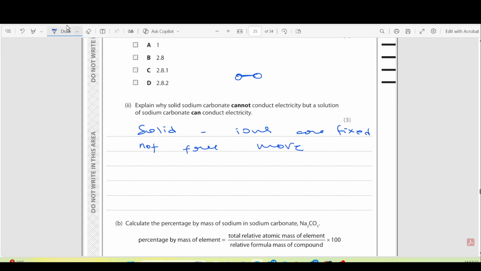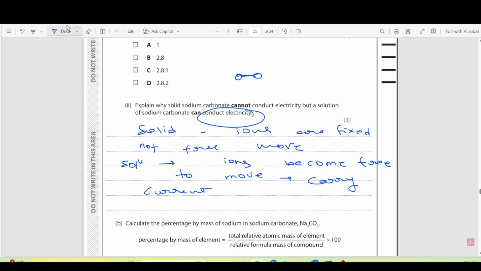But in solution, or in aqueous form, when it is dissolved in water, the lattice structure breaks down and the ions become free. As they are free to move throughout the liquid, the ions carry electric current, which is why they conduct electricity.